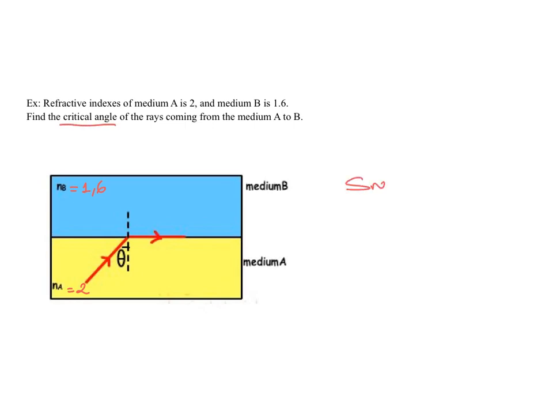Now from Snell's law, we know that NA times the sine theta should be equal to NB times the sine of angle of refraction, which is equal to 90. So NB times sine 90 degrees. Sine 90 is equal to 1.